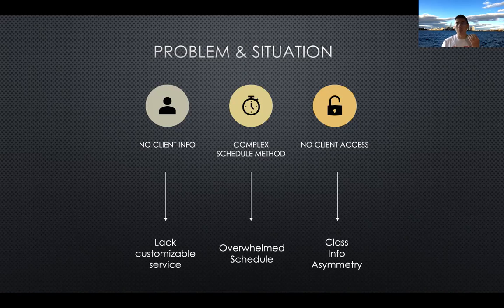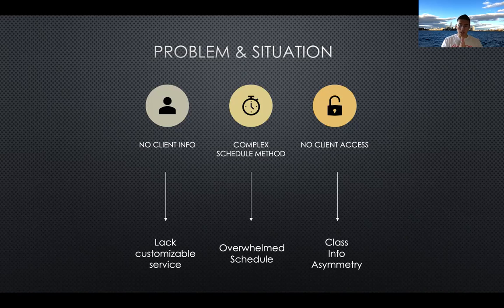Problem three, class info asymmetry. Clients who have bought more than 10 classes, 10, 15, or 20, which is the biggest package, hardly remember how many classes they have already taken and how many are left. For example, with the 20-class package, a client will need a whole semester to finish it.